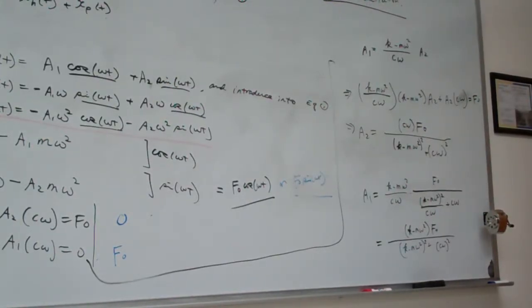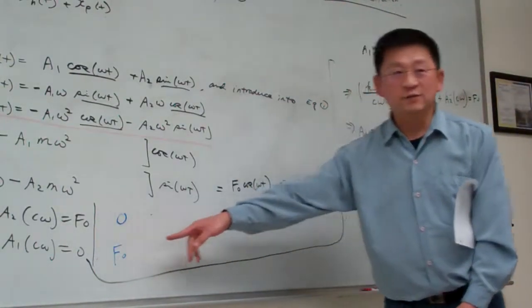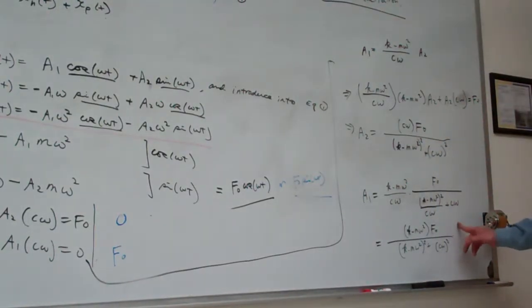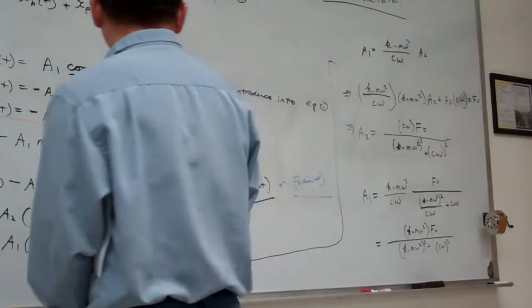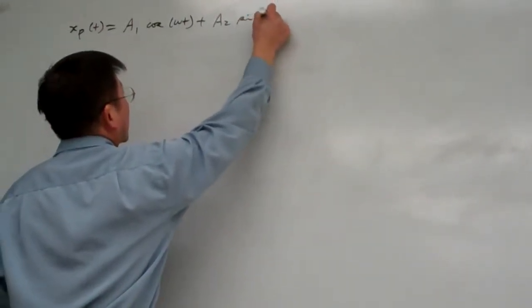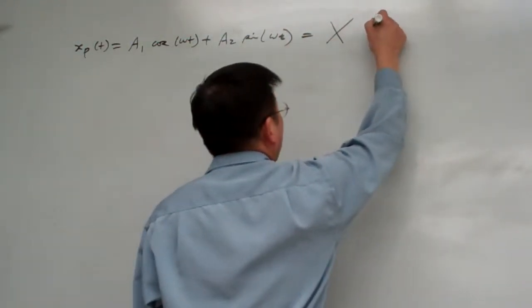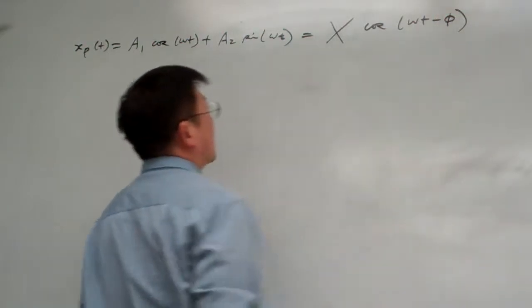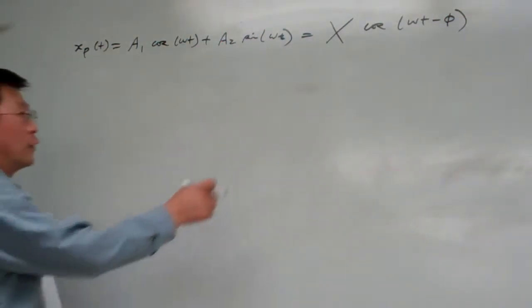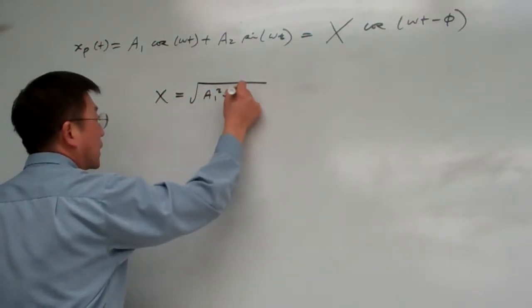Not easy. We can separate. Okay, so let us focus on the black one. Later we can redo it for the blue one. Right now for this one, here we have x_p equal to A1 cosine omega t plus A2 sine omega t, and I want to form it into capital X cosine (omega t minus phi). If I want this format, the capital X will be equal to the square root of A1 squared plus A2 squared.